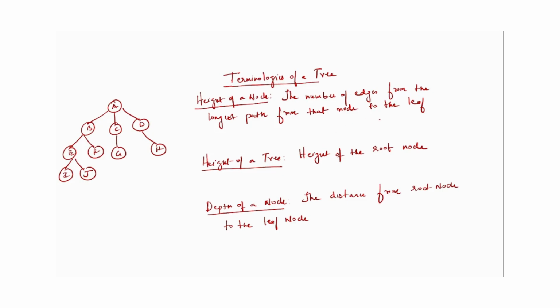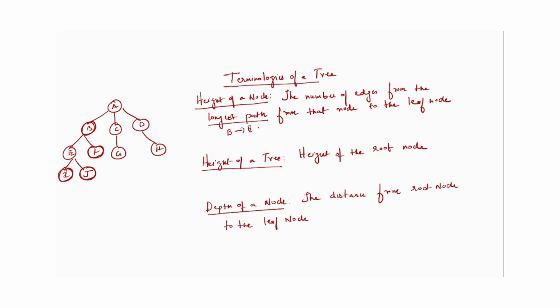Height of a node, the number of edges from the longest path from that node to the leaf node. So if I want to find the height of B, B has many paths here. B, E, I. So longest path from this node to the leaf node. There are various leaf nodes here. F is there, I is there and J is there, but we need to find out the longest path.